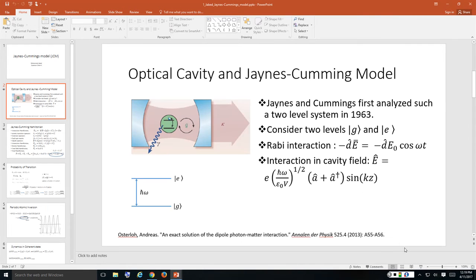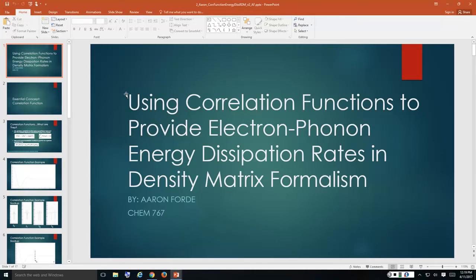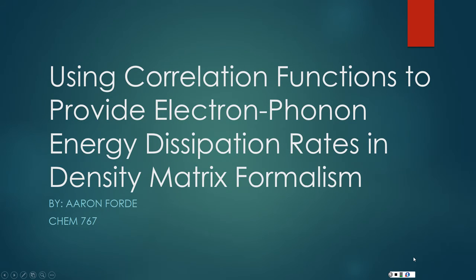So the next presentation will be by Aaron Cordia with a little more insight into methodology, and he will logically continue this idea. In the presentation by Jabet, we were looking at the dynamics of a two-level system, but it was affected by interaction with one harmonic oscillator.